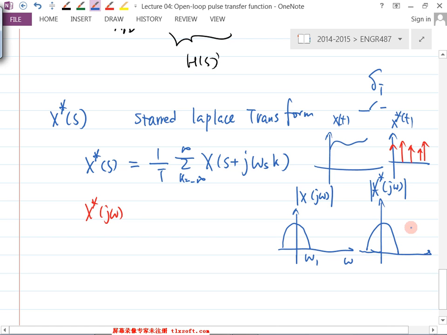Then you have another bump, a bit smaller, and it keeps going like that.